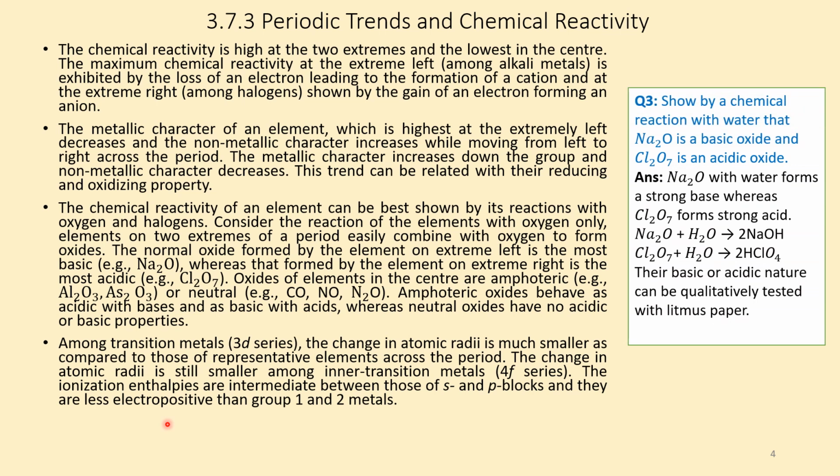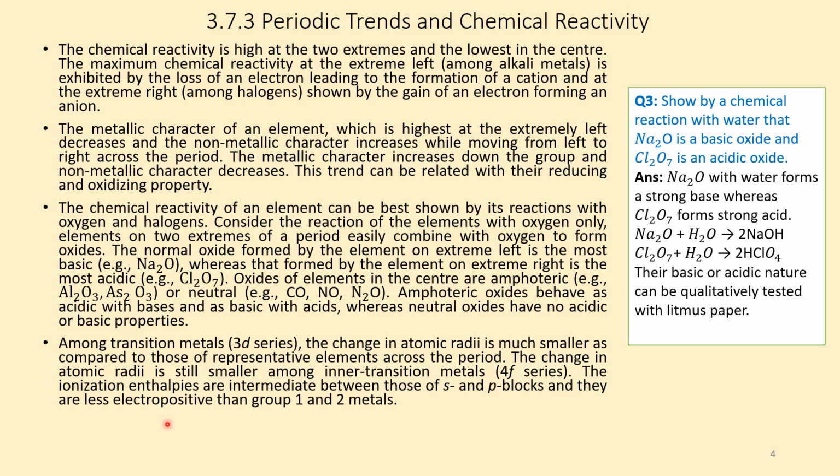Let us take one question. Question number 3. Show by a chemical reaction with water that Na2O is a basic oxide and Cl2O7 is an acidic oxide. Answer: Na2O with water forms a strong base, whereas Cl2O7 forms a strong acid.